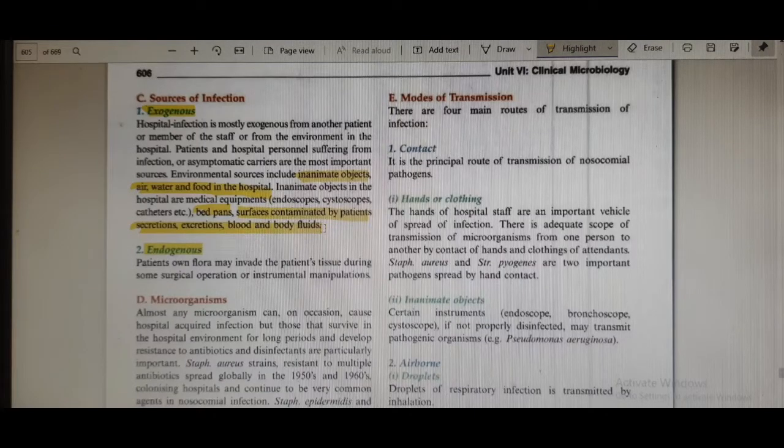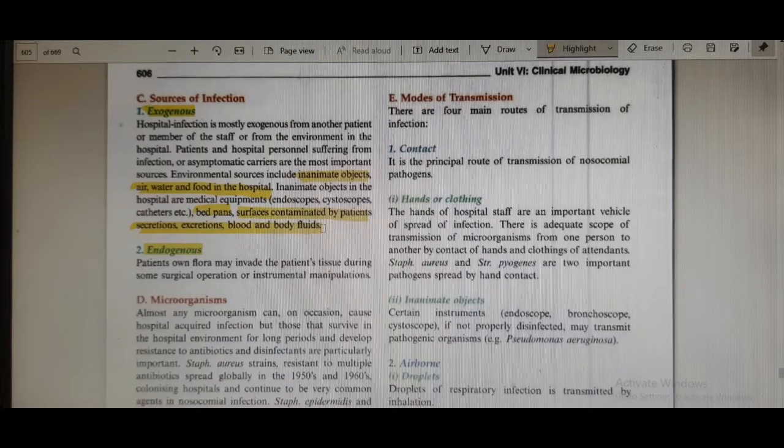The infection risk from cystoscopes could be high if they aren't sterilized properly, and catheters also. Bedpans could also be one of the sources of hospital infection that can be acquired. Then the surfaces contaminated by the patient, either by secretions, excretions, blood or body fluids, could also be a source of exogenous infection.